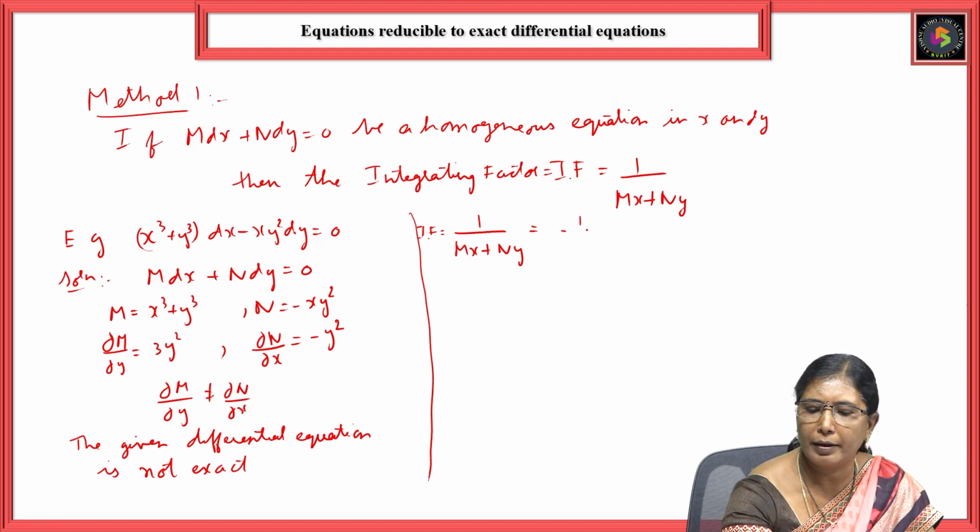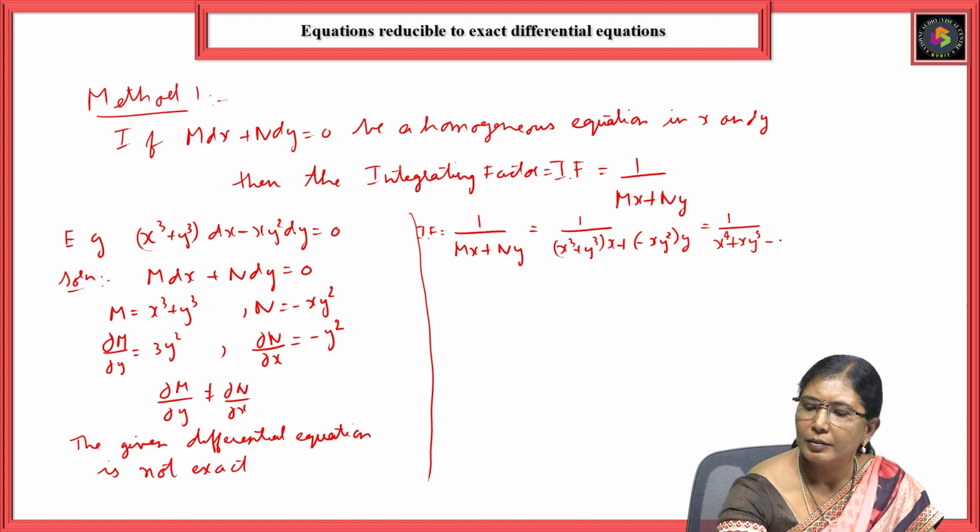So 1 by M is x cube plus y cube into x, plus N is minus x y square into y. Now simplify this. 1 by x to power of 4 plus x y cube minus x y cube.